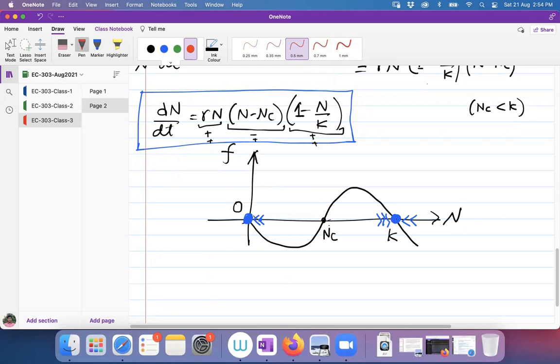What about the intermediate one, NC? Unstable. Because any perturbation I make to the right, there is a positive growth rate, it goes away. Any perturbation I make to the left goes away. So there's actually a mathematical theorem that says that for 1D models of this type, one population models in continuous time, the stability will alternate: stable, unstable, stable.